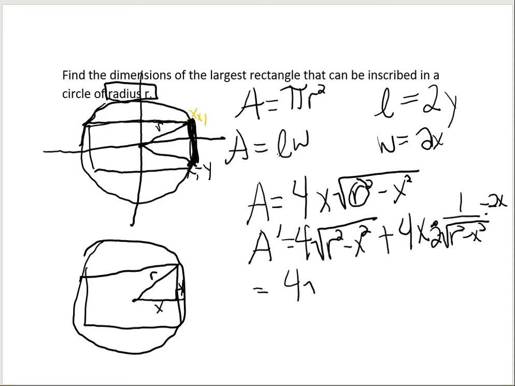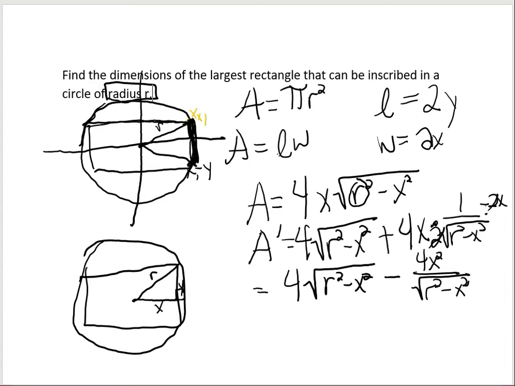Simplify this a little bit. You get minus 4x squared over square root r squared minus x squared, because these twos cancel. Okay, so where is that equal to 0 or undefined?